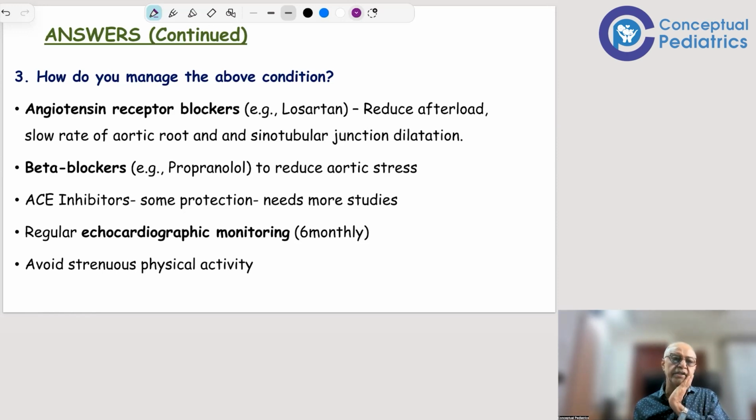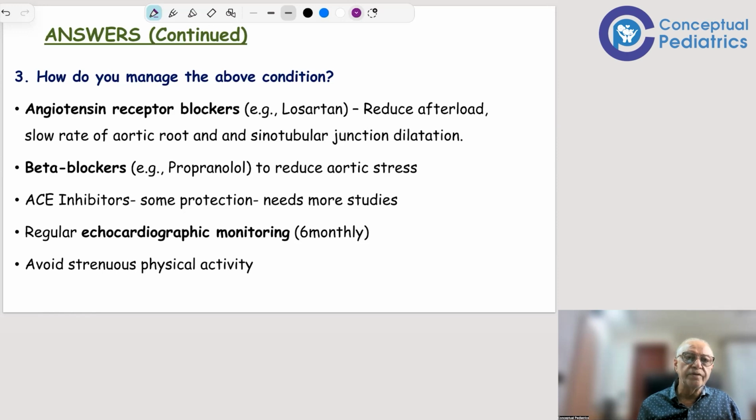Now, how do you treat these patients? You have to put these patients on angiotensin receptor blockers because they reduce the afterload because of the aortic root dilatation. There is evidence of some AR, and then you have to reduce the afterload by giving the ARBs.